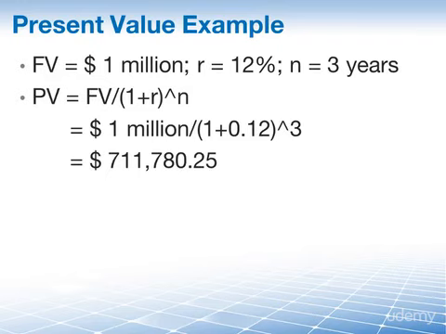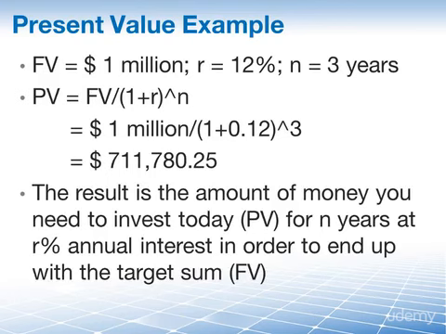So if we invested that amount of money, the $711,000 US at 12% interest for 3 years, we would end up with $1 million US in 3 years. That is the result. The amount of money you need to invest today, for n years at the R% annual interest rate in order to end up with our target sum, which is the future value.